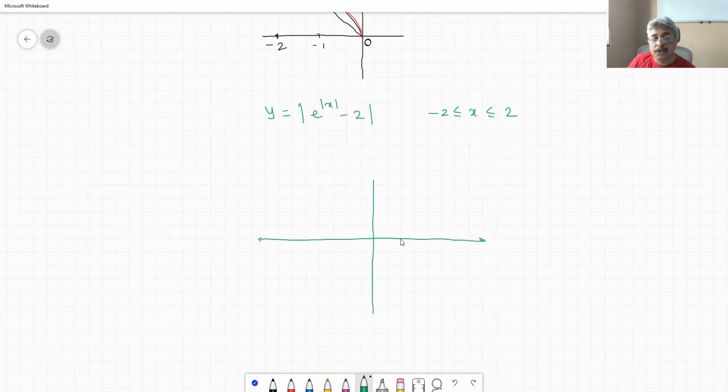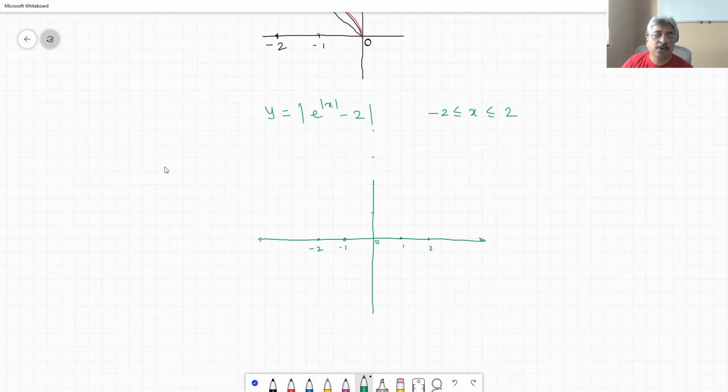So say this is 1, this is 2, minus 1, minus 2. 2 raised to 2 is 4, so it is going to be greater than 4. 1, 2, 3, 4.